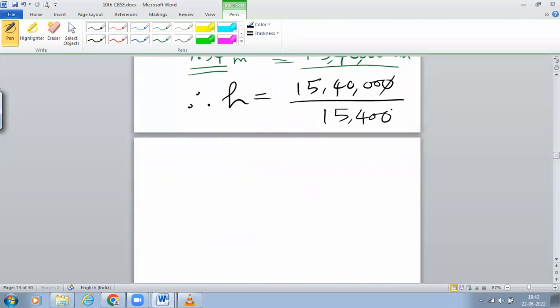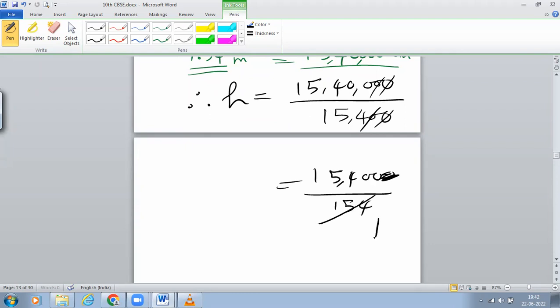Now see here, we can cancel these zeros. Now we have 15400 divided by 154. So we can cancel it easily, right? Sorry, it is not only 2 zeros. It is 15,400 divided by 154.